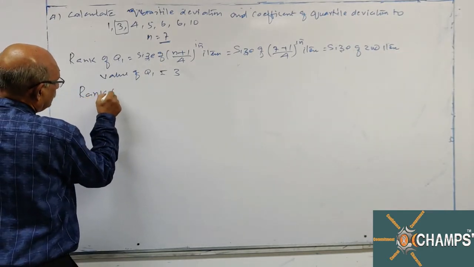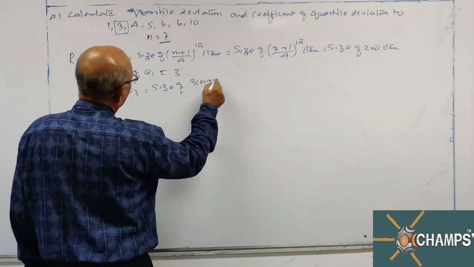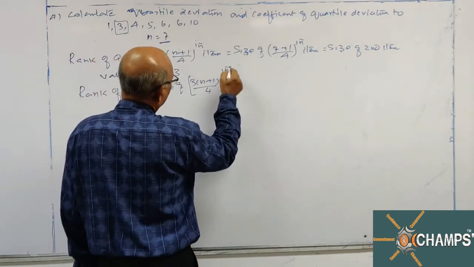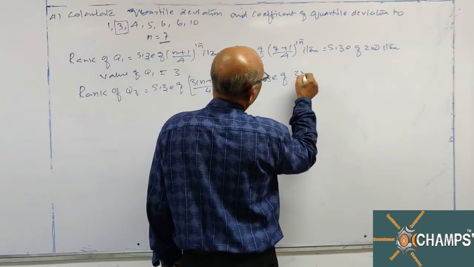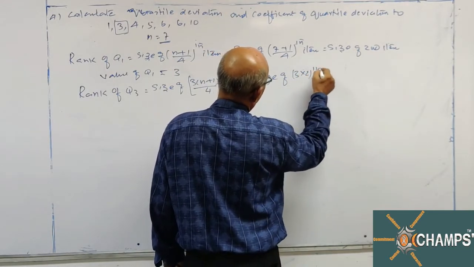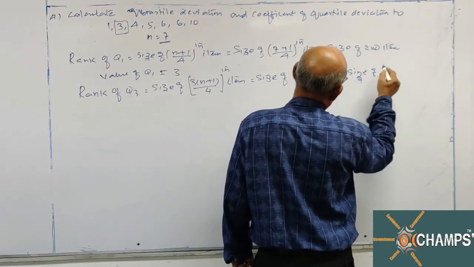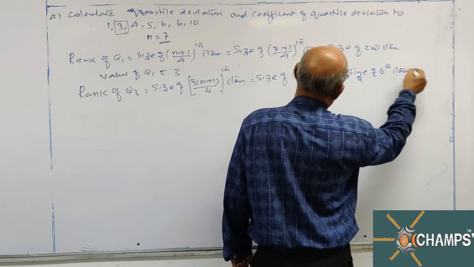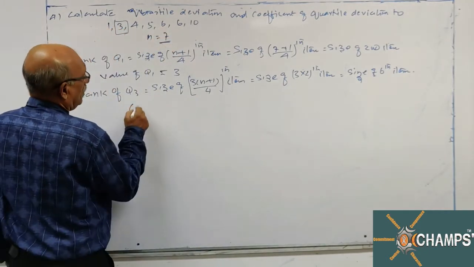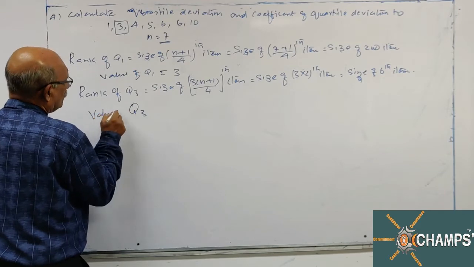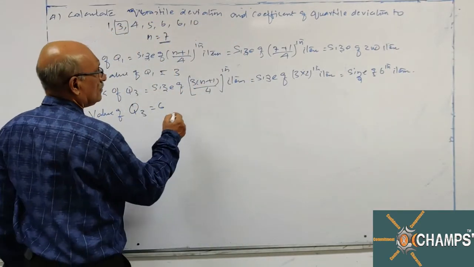Rank of Q3 is equal to size of 3 into n plus 1 by 4th item. This is size of 3 into 2, the size of the 6th item. 1, 2, 3, 4, 5, 6. So the value of Q3 is equal to 6.